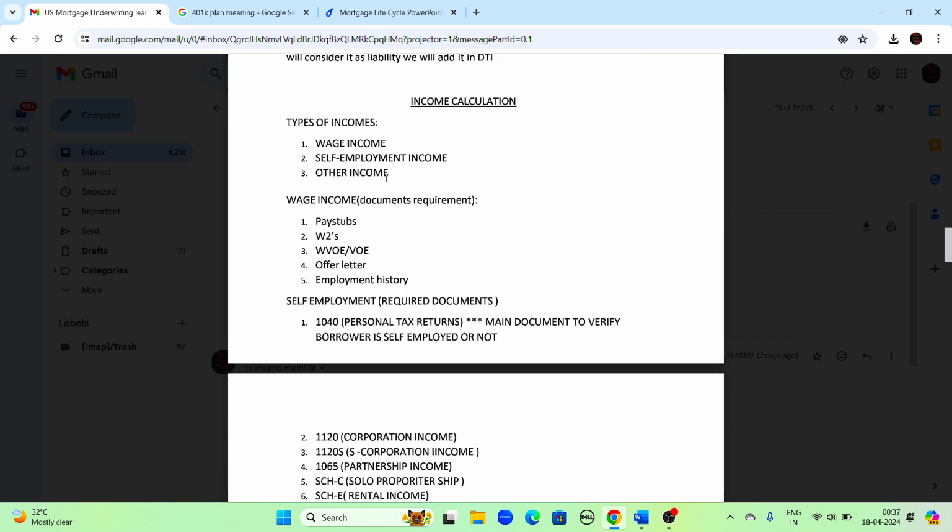Income calculation: wages income, self-employment income, other income.